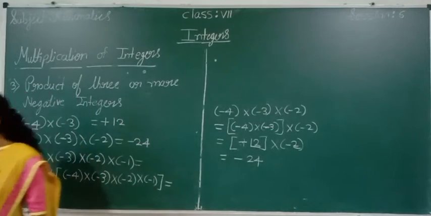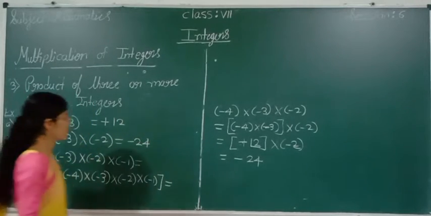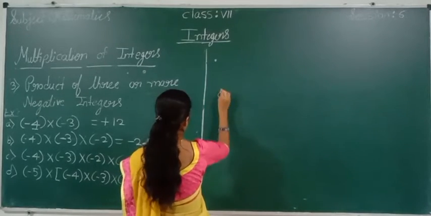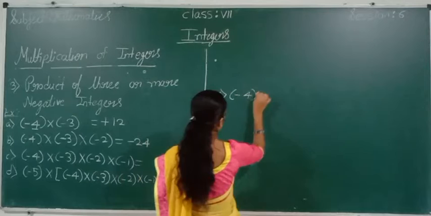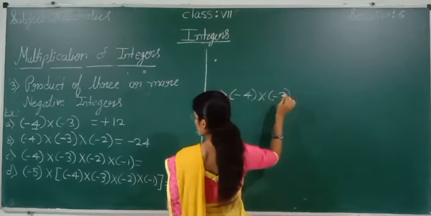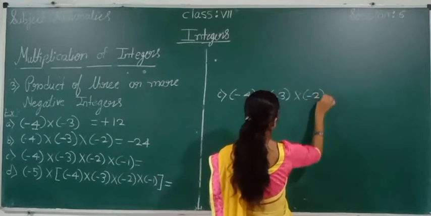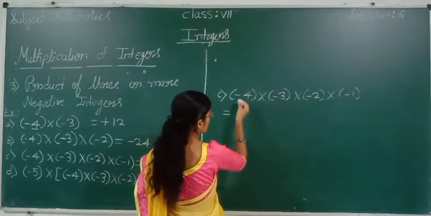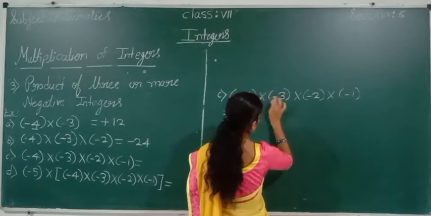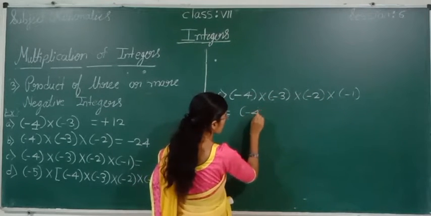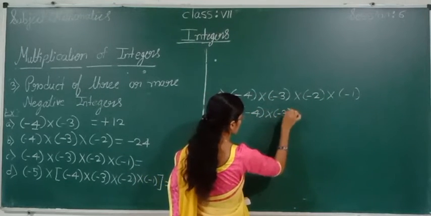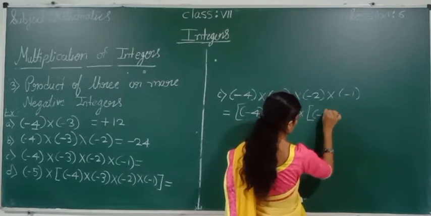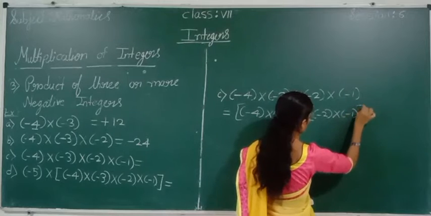So next we will see C1. What is given? Minus 4 into minus 3 into minus 2 into minus 1. We will find out the value of this. Here 4 negative integers are there, right? Now see, minus 4 into minus 3, we will do grouping, into minus 2 into minus 1.